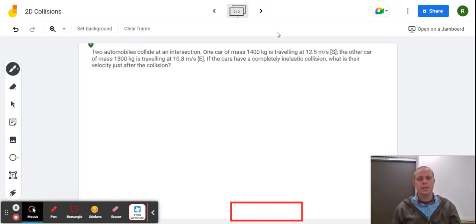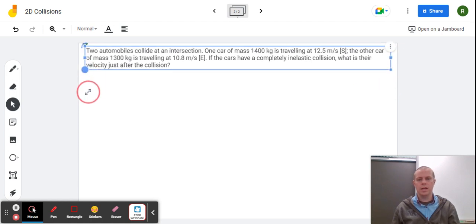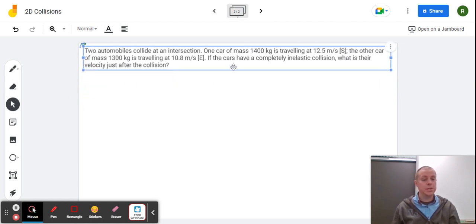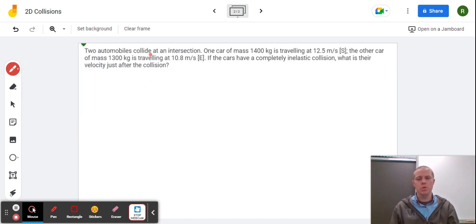Let's take a look at another one here. This time we have two separate objects that are going to have a collision and they're going to stick together. So two automobiles collide at an intersection.